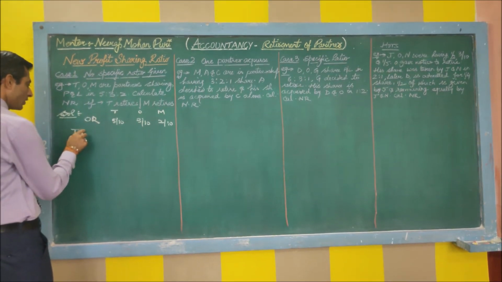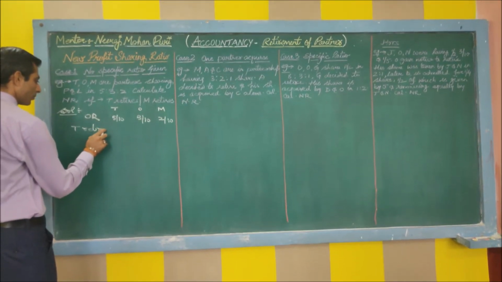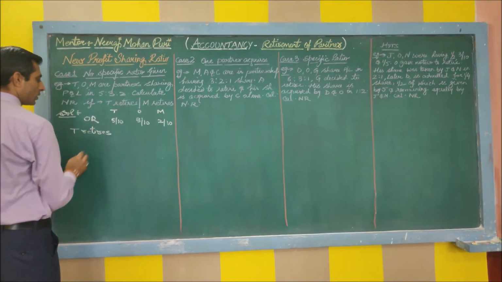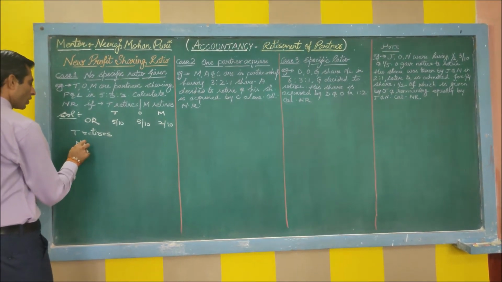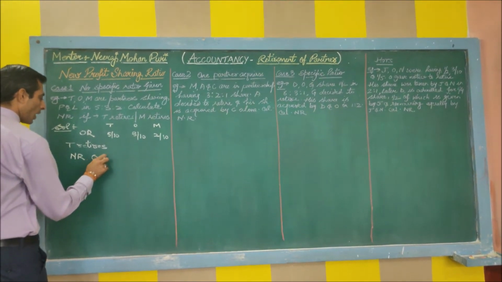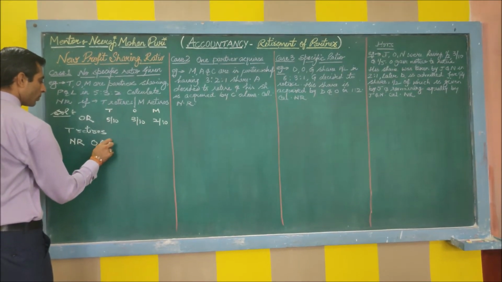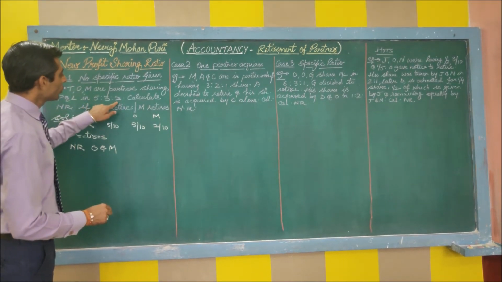If T retires, in such a situation, new profit and loss sharing ratio will be calculated for O and M, which will be very simple. Their actual ratio was 5:3:2.